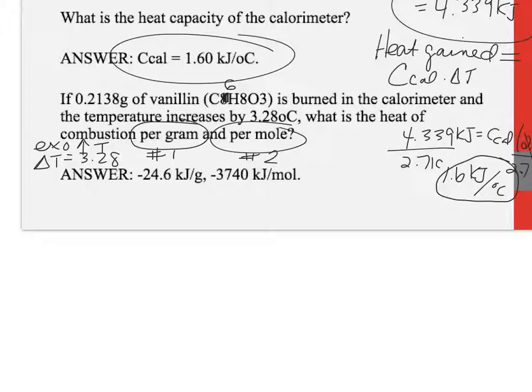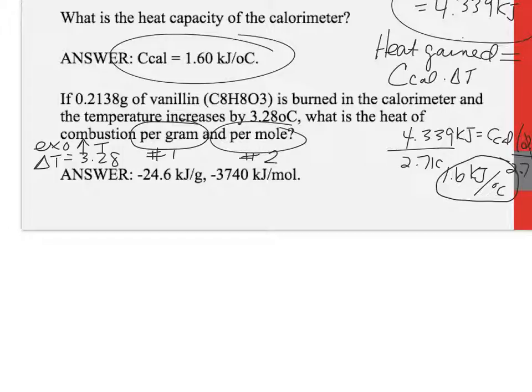Sorry, different problem. My bad, it's the next problem that has a mistake in it. I have too much writing on my paper. Okay. So let's see what's going on.